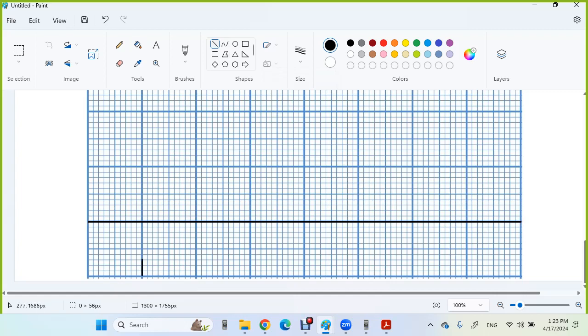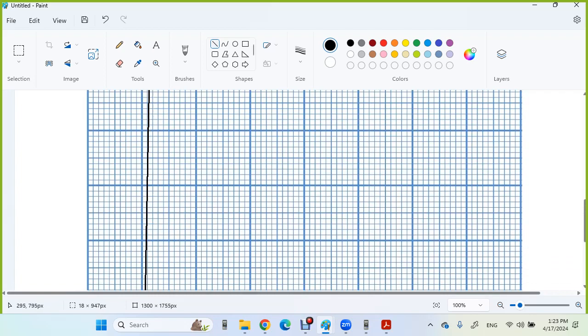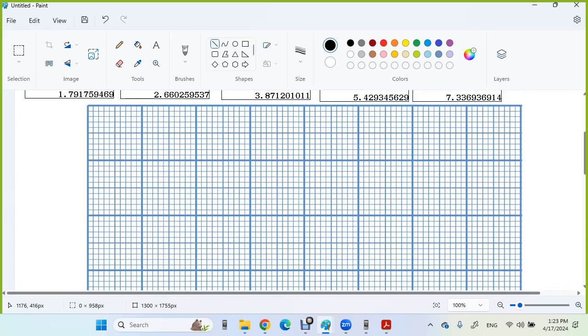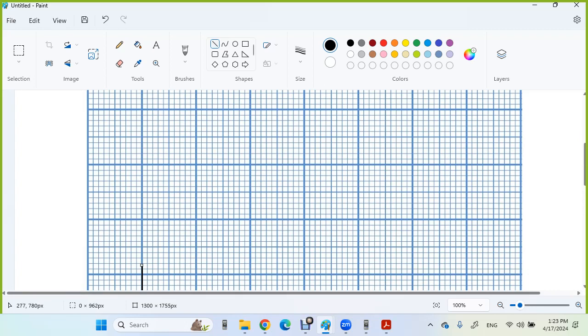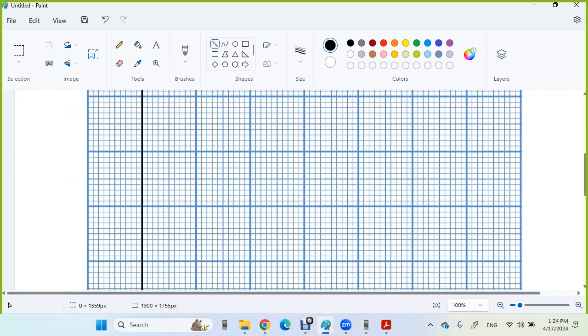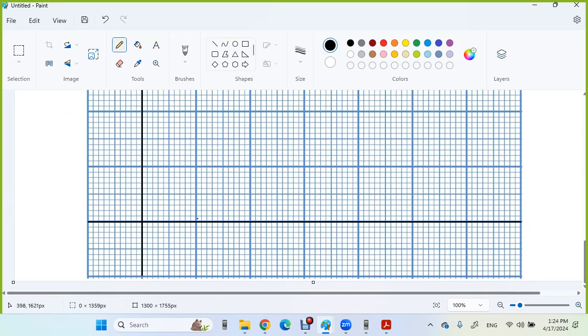And then the y-axis also we can do something like this: 1, 2, 3, 4, 5, 6, 7, 8 also cannot, so we have 2, 4, 6, 8, 10.